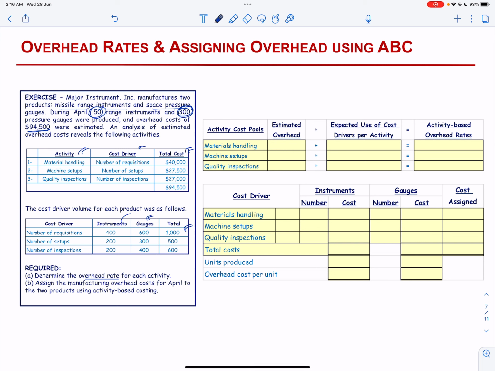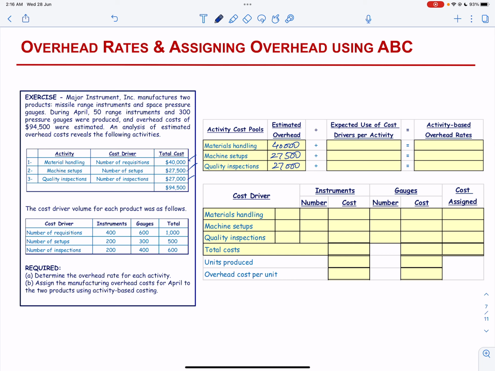So first of all, we are going to look into the estimated overhead for material handling, which is 40,000. For machine setup, it is 27,500. For quality inspection, it is 27,000.